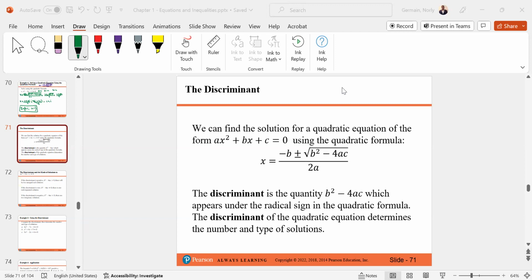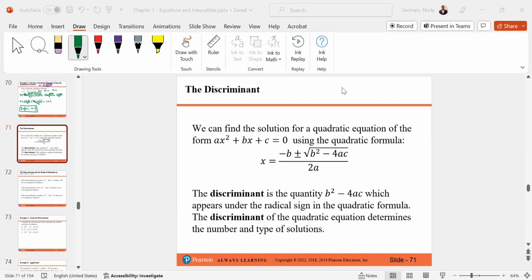Based on the answer for the part b squared minus 4ac, you would figure out the number of solutions we're going to have. All right, so we can find a solution for a quadratic equation of the form ax squared plus bx plus c using the quadratic formula, because that's what we're talking about right now.